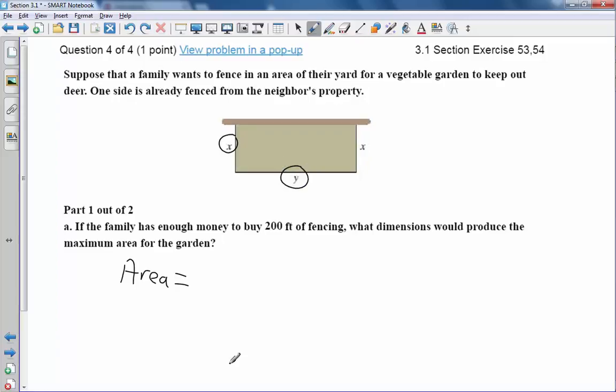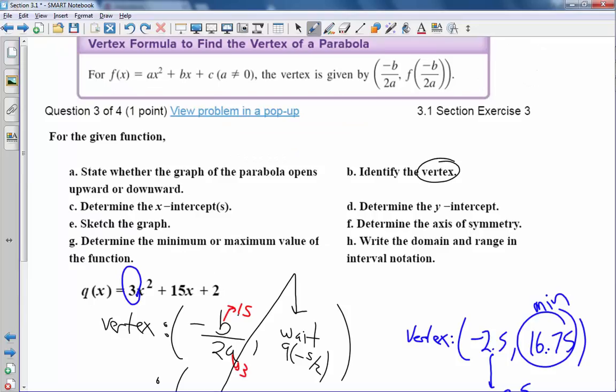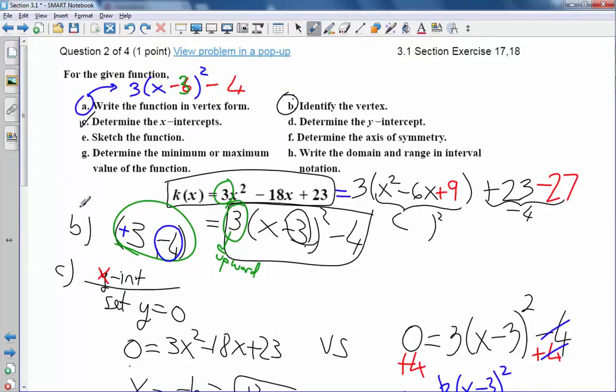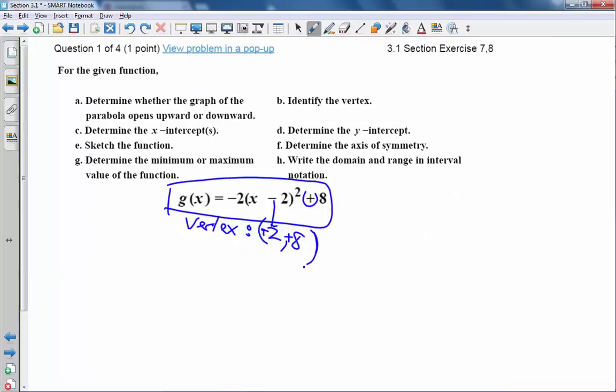by the variables picked by the author already. It is length times width, which is xy. Okay. Let's peek at the previous question. This function had a minimum, not this one. This one had a minimum as well. This one had a maximum.